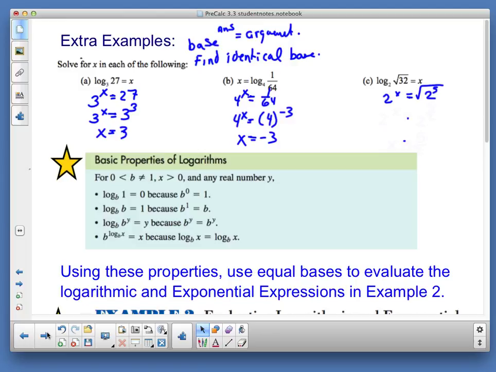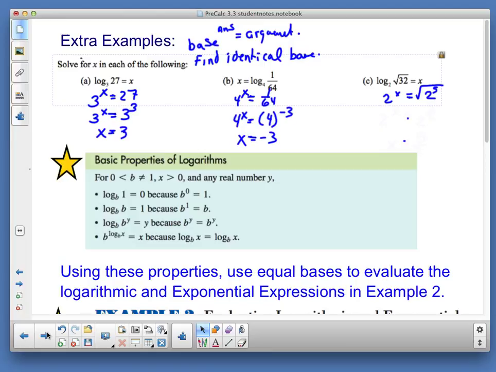And in C, doing the same thing, remember, base 2 raised to the x power equals the square root of 32. Now, I've got the square root of 32. 32 is 2 to the 5th power. But now I've got this square root thing. And we did this in chapter P. We were talking about the fractional value of square roots. This is the 1/2 power.